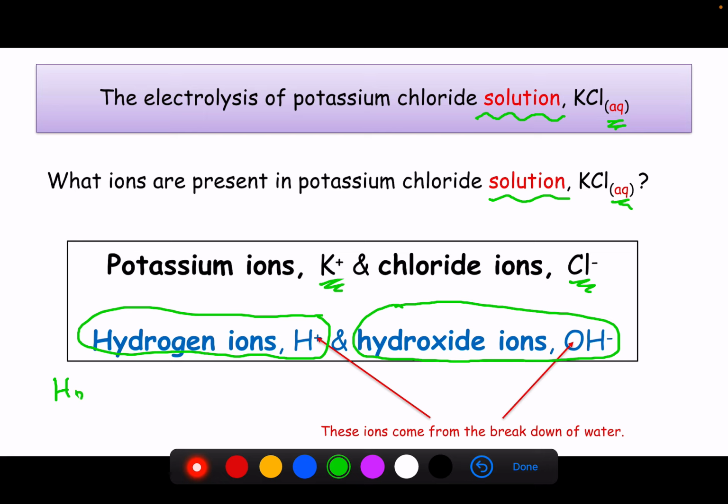And that's because a small number of water molecules in the solution break down into their ions, a hydrogen ion and a hydroxide ion. Okay. You need to know where those ions come from. So whenever we dissolve anything, we will always have present some hydrogen ions and some hydroxide ions.